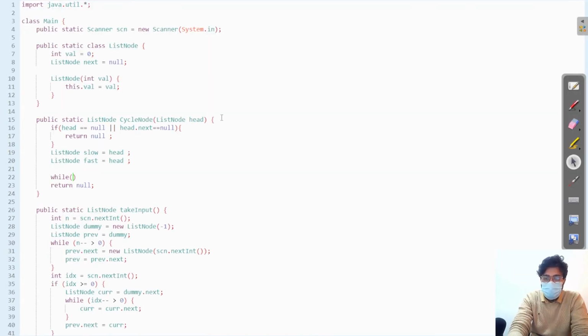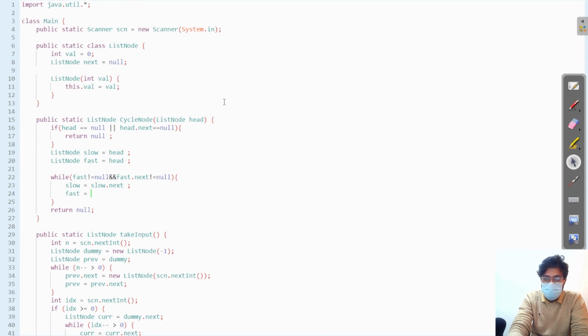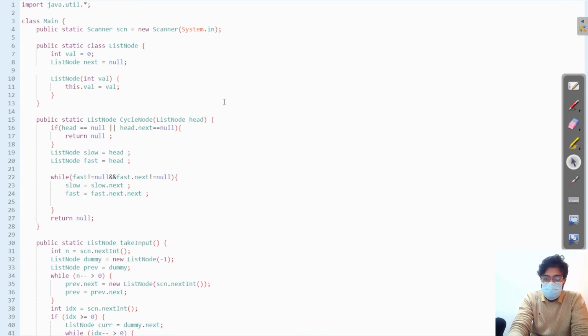Now while fast is not equal to null and fast.next is not equal to null, we need to do something, right? We need to do what? slow is equal to slow.next and fast is equal to fast.next. Why are we doing it?